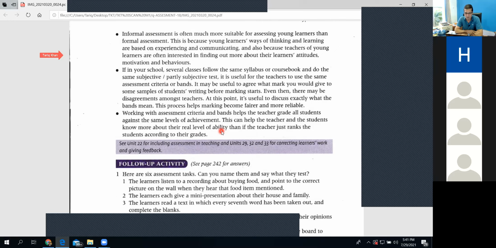And after that, we will do a little bit of practice of papers. But at each unit's end, do the follow-up activity and do the TKT practice task. And when you complete the whole book, there is one complete paper in the book. Do that also.